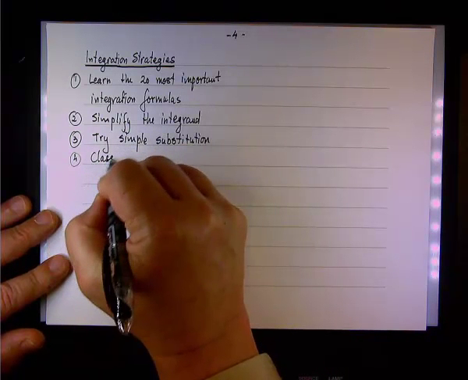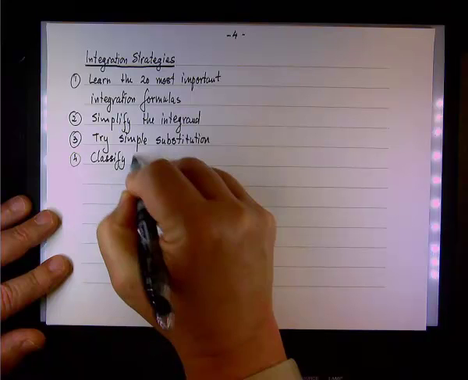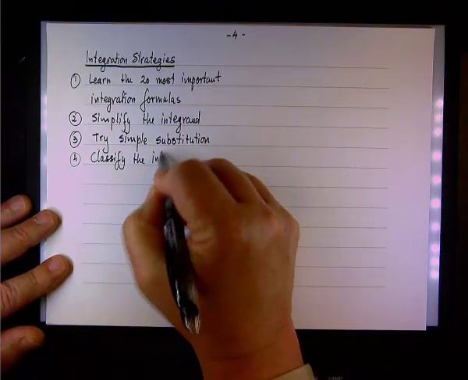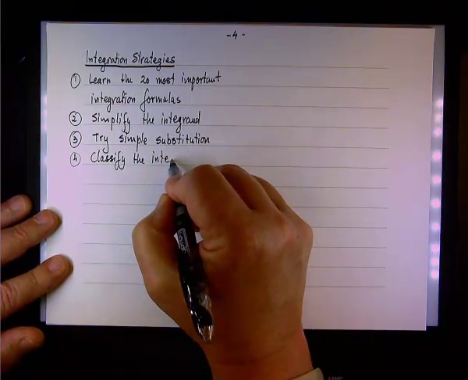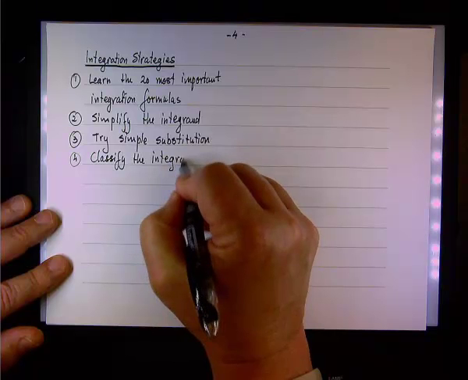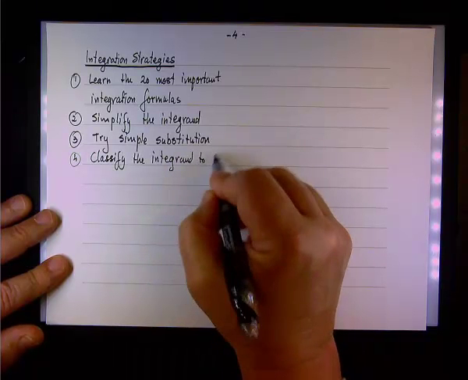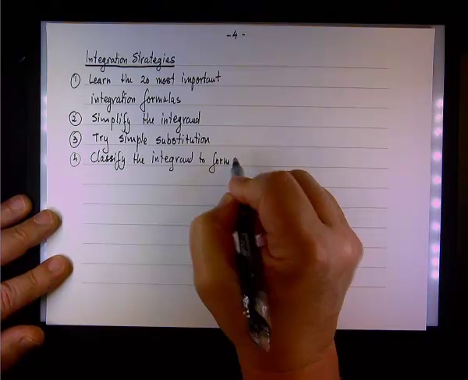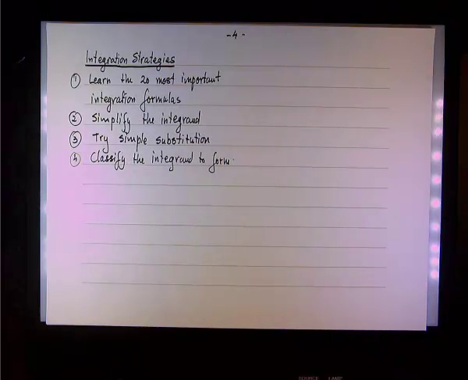The next one, you want to classify the integrand by form. Now, what do I mean by that? For this, I need to go to this paper where I have more details.